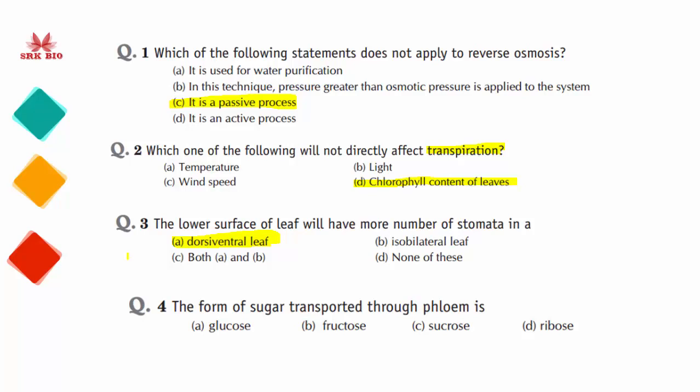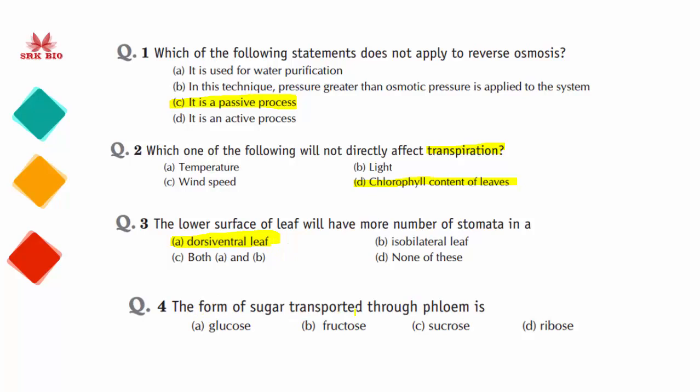All the dicot leaves show more number of stomata on the lower epidermis and less number of stomata on the upper epidermis. And dicot leaves are called dorsiventral leaves. Lower surface with more number of stomata is the character of dorsiventral leaf. And remember, the dorsiventral leaf is nothing but dicot leaf.